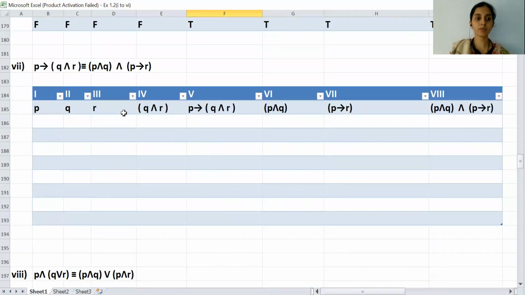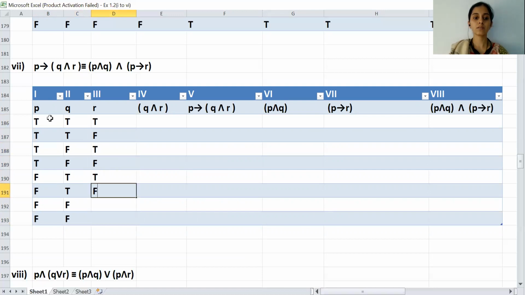Let's go to the seventh one. P implies (Q and R) is equivalent to (P and Q) implies R. So again, there are three statements, P, Q, R. Let's put in their values. True, true, true, true, false, false, false, false; then the next one, and this one will be alternatively true and false.